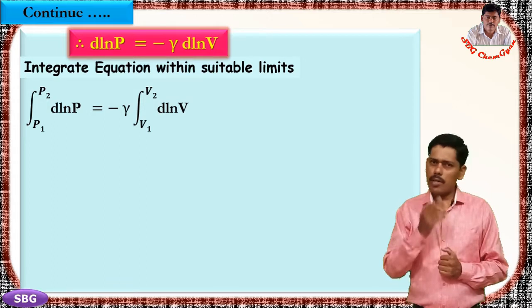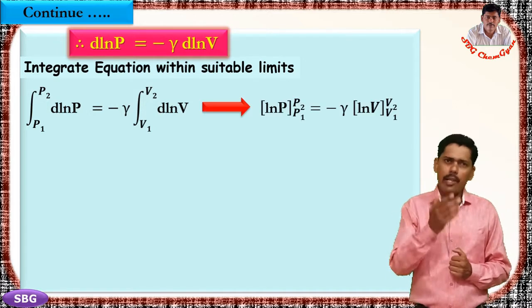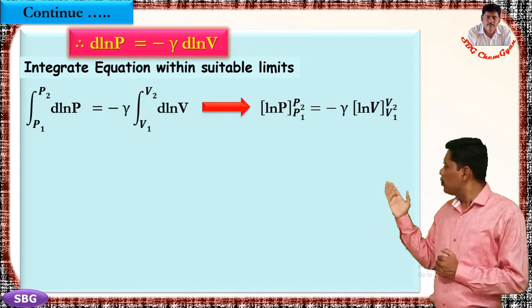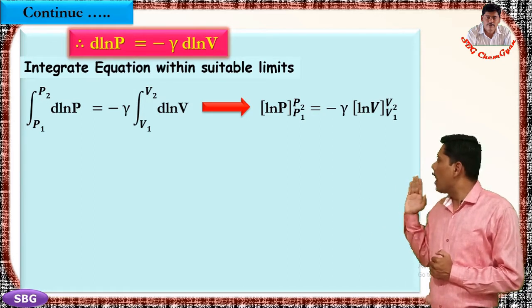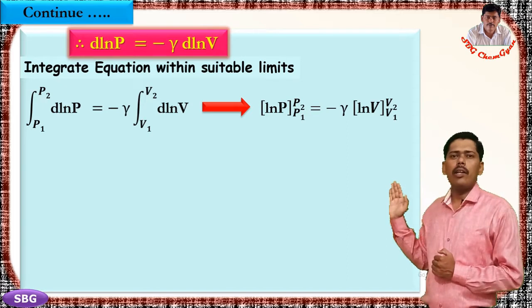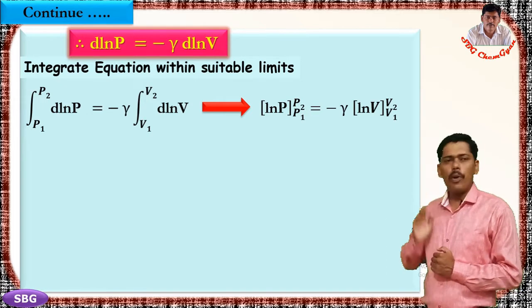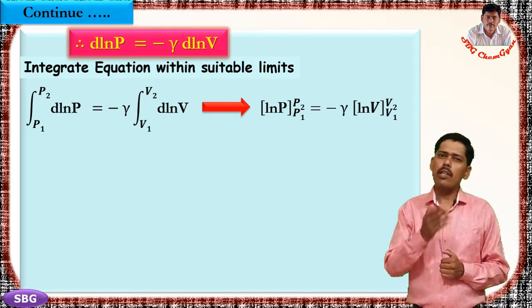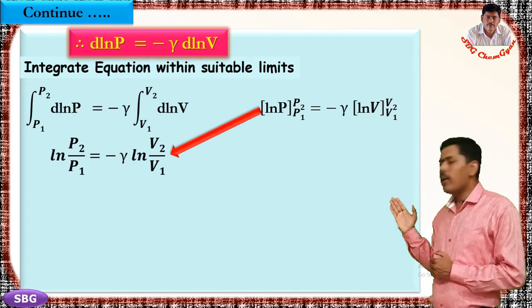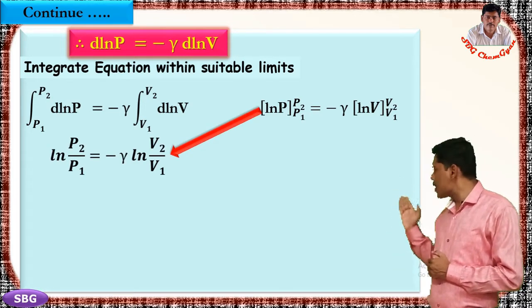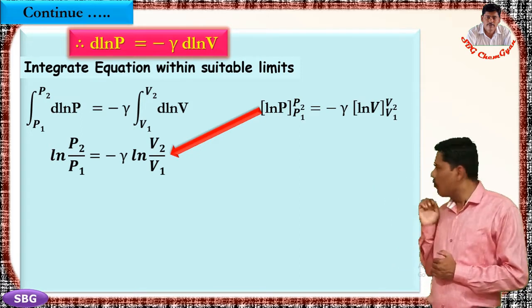After solving this equation, we get in bracket ln P from P1 to P2 is equal to minus gamma into ln V from V1 to V2. Putting this in simple logarithmic form, we get ln P2 upon P1 is equal to minus gamma ln V2 upon V1.